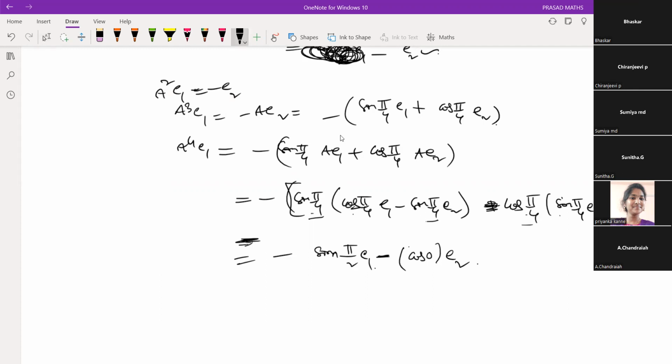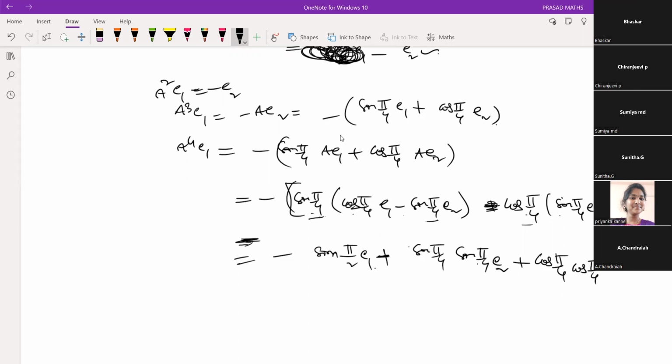So this is minus, this is plus, right? Go through it, simplify it, don't do it directly. So this is nothing but plus sin pi by 4 sin pi by 4 e2, minus, and minus plus again here, cos pi by 4 cos pi by 4.